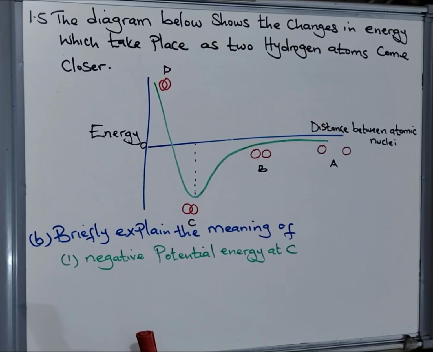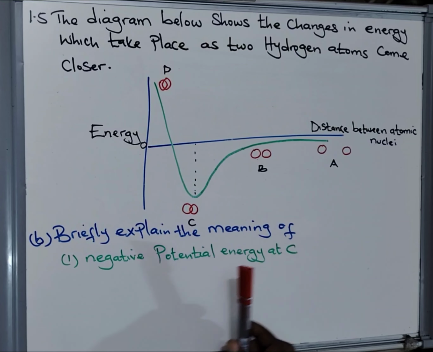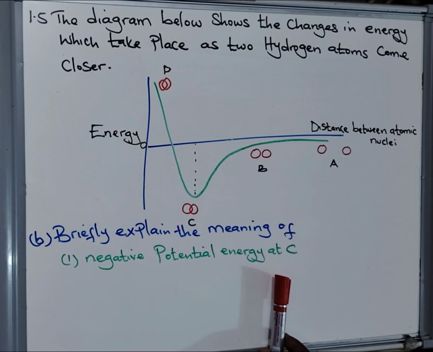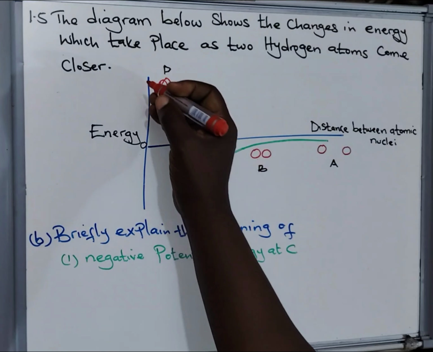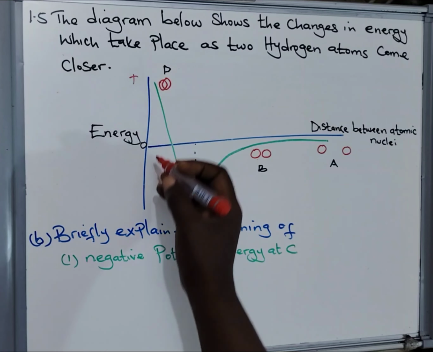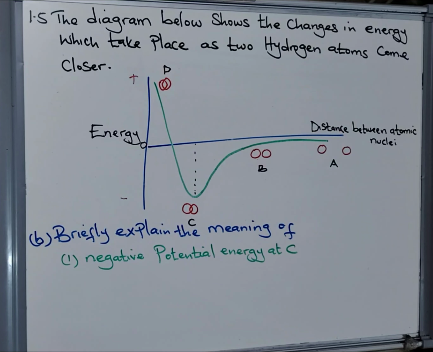Yeah, then comes this question. It says that briefly explain the meaning of negative potential energy at C. What does it mean? It means that the forces of attraction, look at C. C is negative. We have to remember that this side is positive, this is negative.